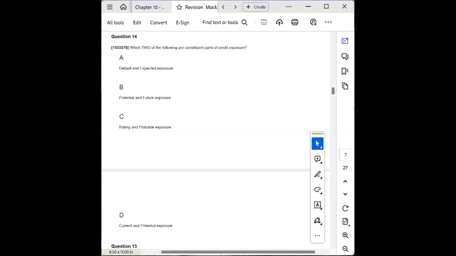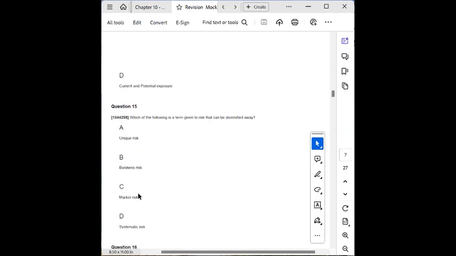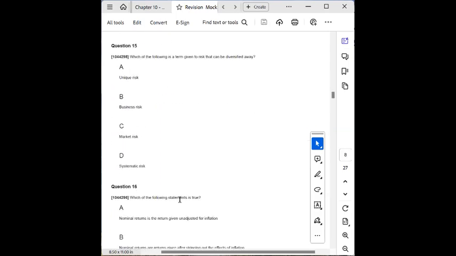Exposure, you have two types, right? That is current and potential. Current exposure and potential exposure. So the correct answer is D. 15.